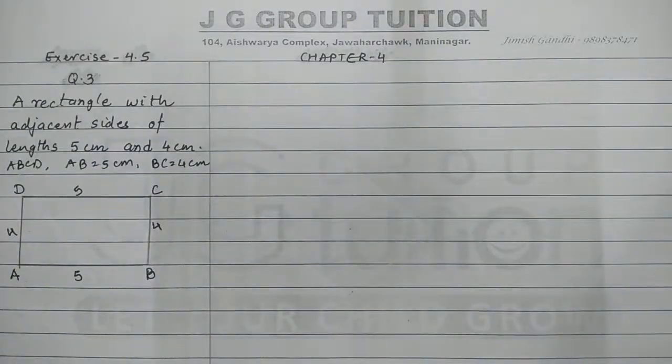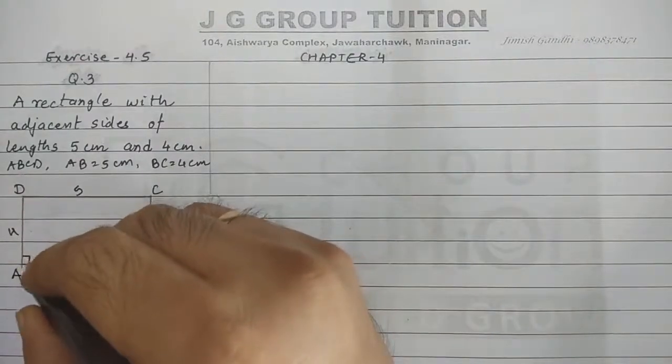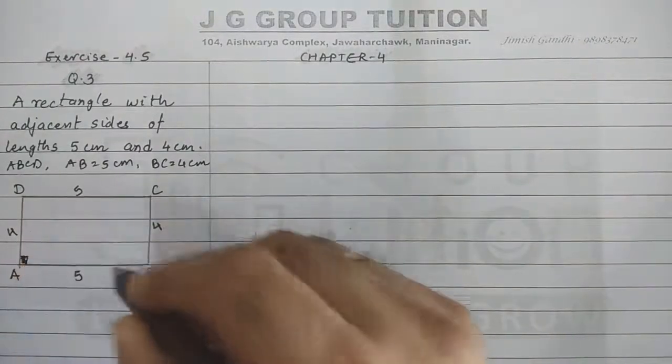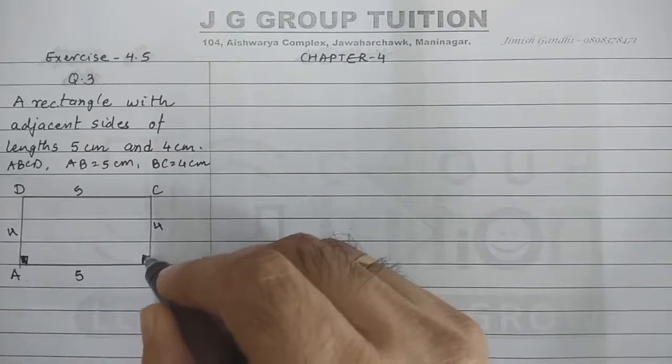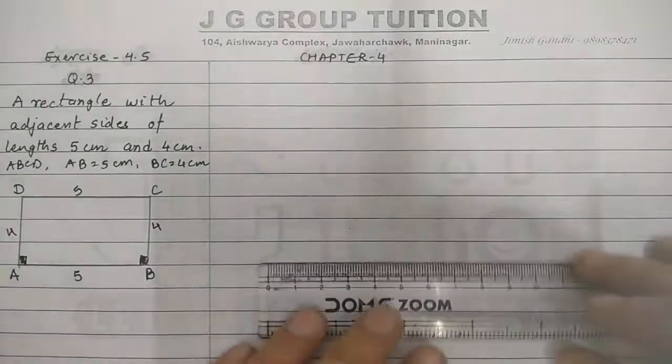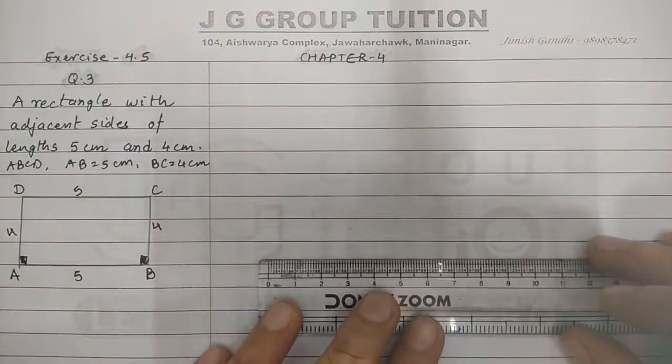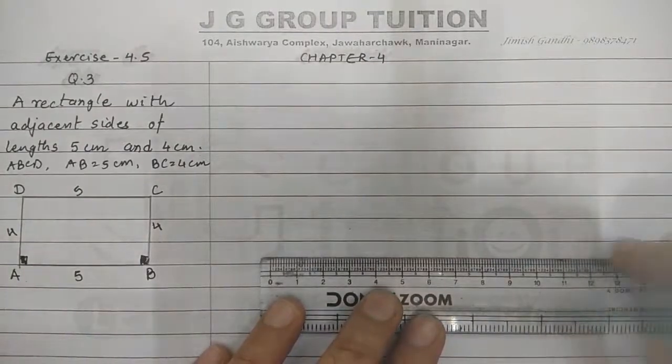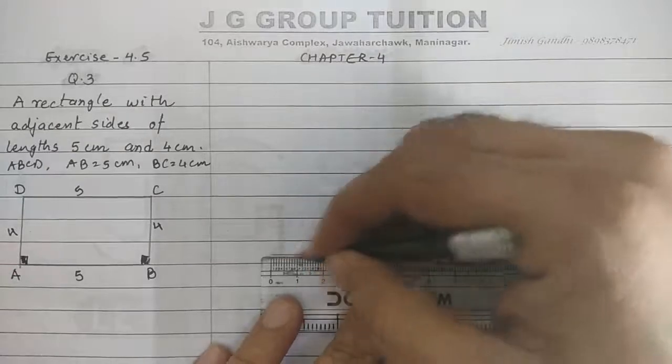Again we know that all the angles in a rectangle are the same, and that is 90 degrees. So remember students, it is like the first construction which we have just done in the previous videos. So let us do the same thing. First we construct the line segment AB here, which is given of length 5 centimeter.